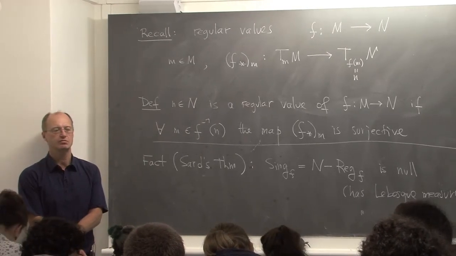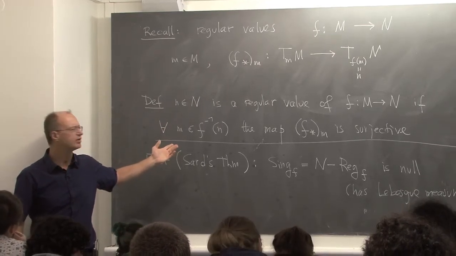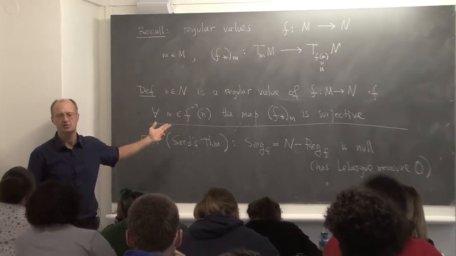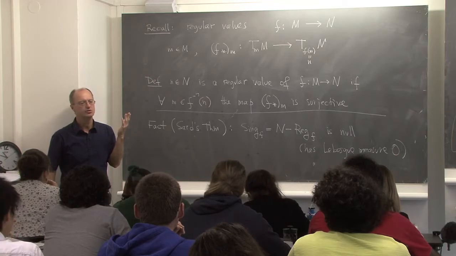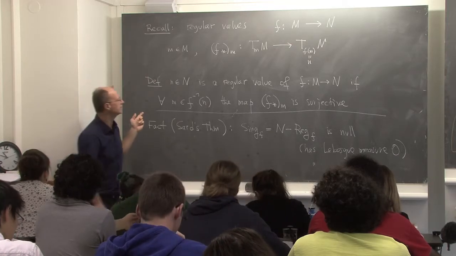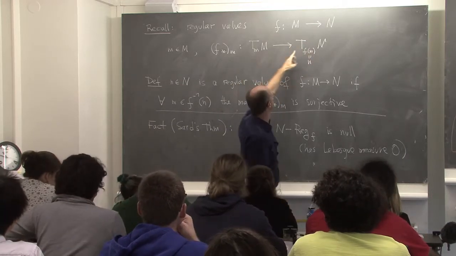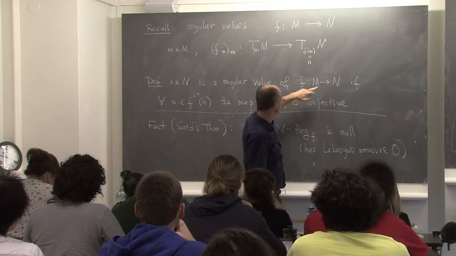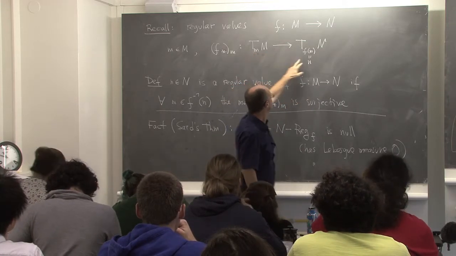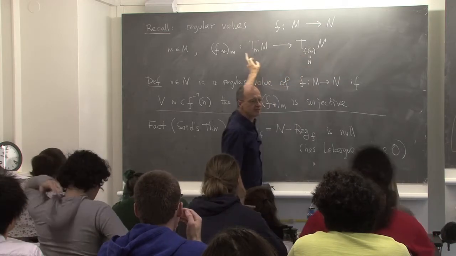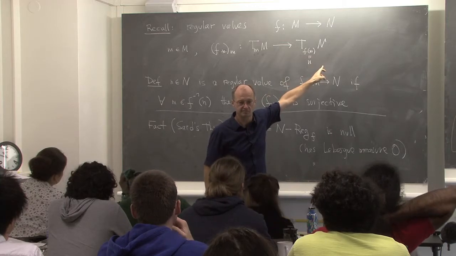Now, for those of you who know the story, also for those of you who don't know the story, doesn't it sound surprising? To me, it still sounds somewhat surprising because of the following. Suppose that's the map from the tangent space to M to the tangent space to N. Suppose that the dimension of M is smaller than the dimension of N. Right?